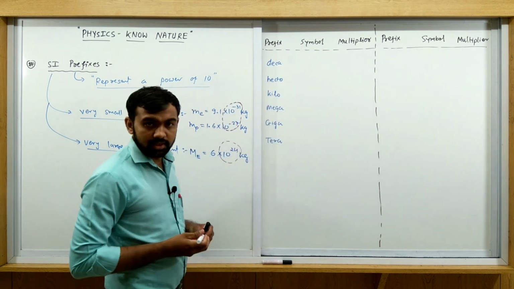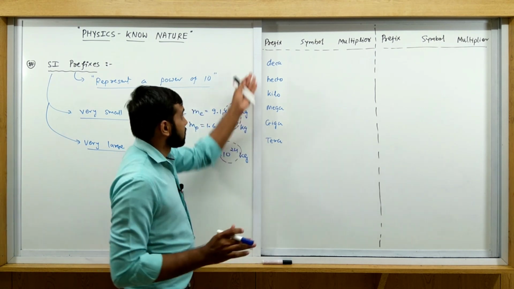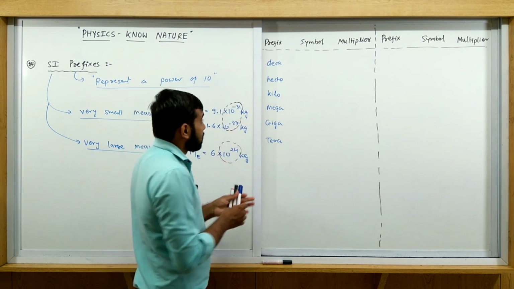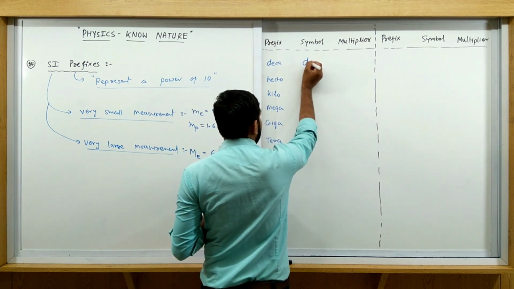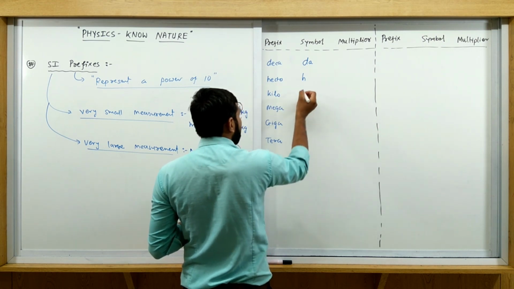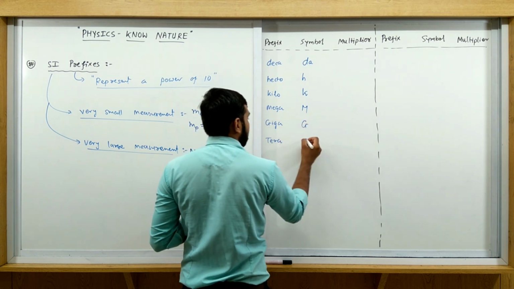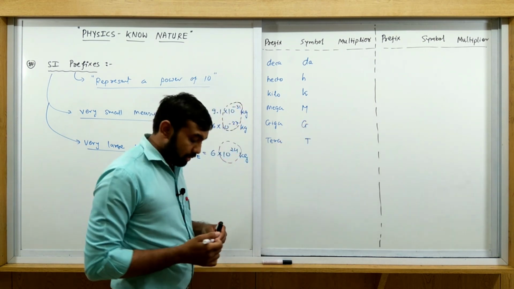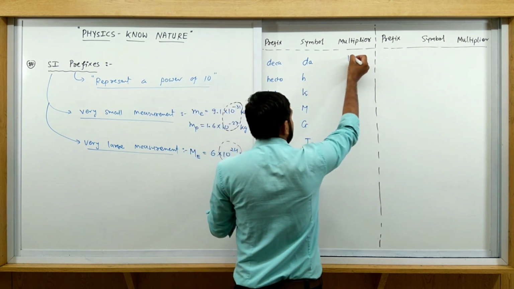These are some prefixes used in physics in the measurement of any physical quantity. The symbol of deca is Da. Symbol of hecto, H. Kilo, small k. Mega, capital M. Giga, capital G. And tera, capital T.